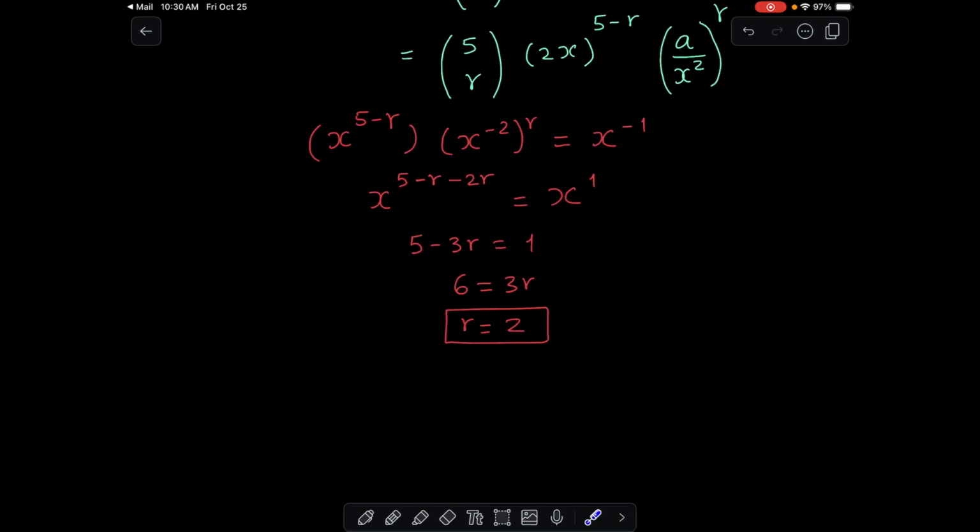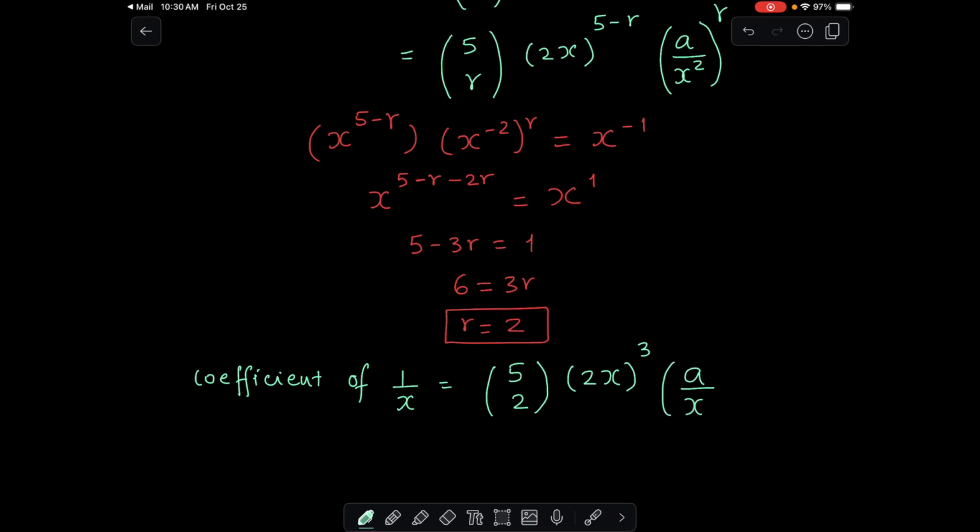So you're going to get the coefficient of 1 over x is equal to 5C2 times (2x) to the power of 3 times (a over x squared) to the power of 2.